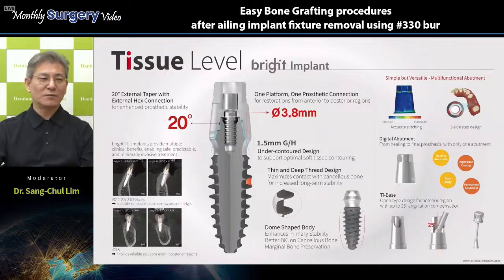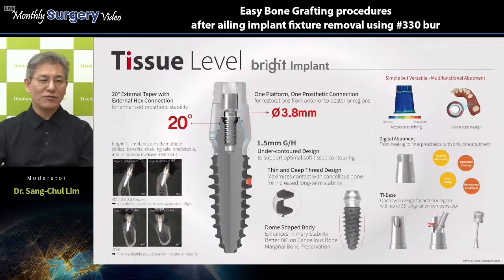About the tissue level Bright implant system, as you know, it has a 20-degree external bevel. This is an external connection. That is the first important thing you have to remember about this implant system: external connection, 20-degree external bevel.